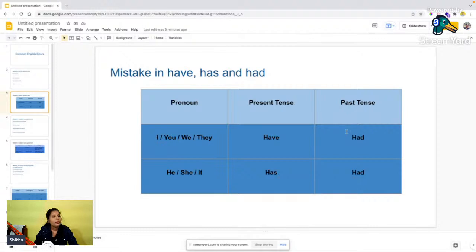And remember, it is not difficult at all to learn all these things. If you know the tricks, if you know all these tables, it will help you frame simple sentences. If you are a beginner, I would recommend you start with simple sentences, and gradually you can go for complex sentences.